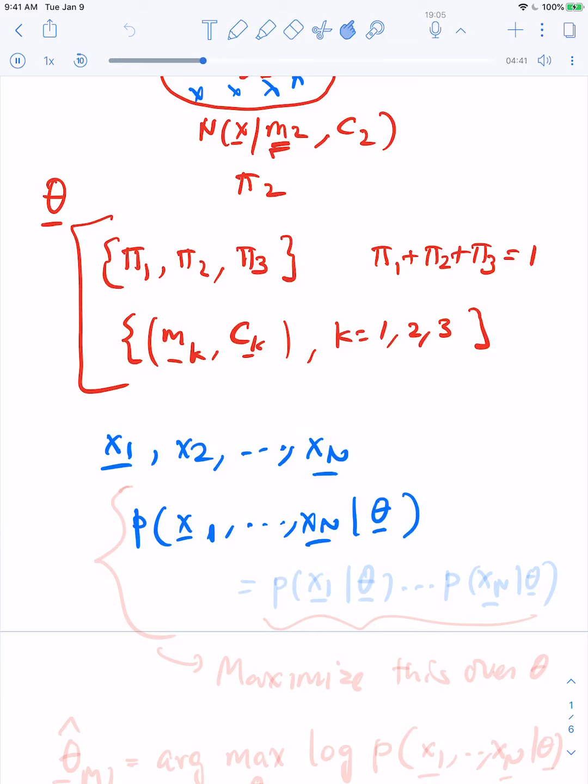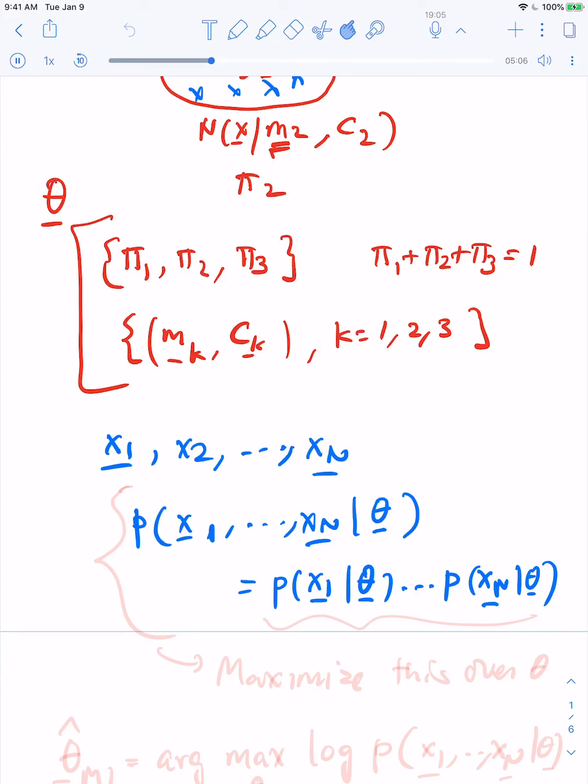That's the parametric description that I have. And typically, I will assume that the data points are conditionally independent. So basically they are n draws from this distribution.